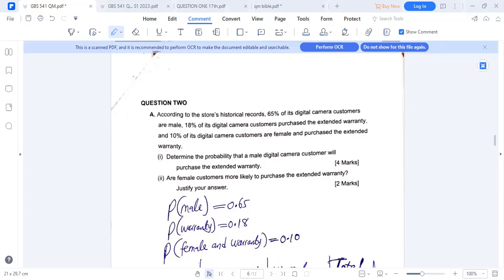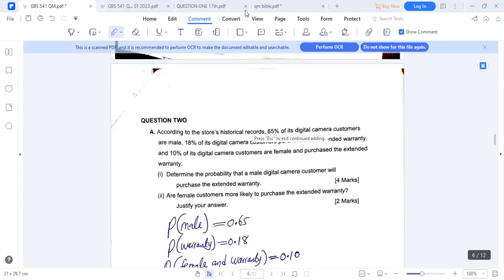So here we are looking at probability. To start with, probability is what you started with, what we call contingent probability and Bayes' theorem.